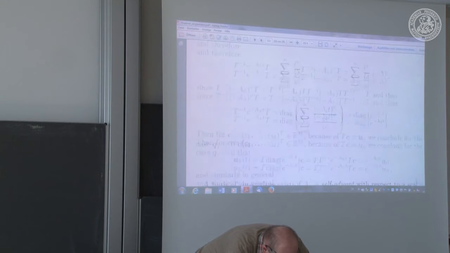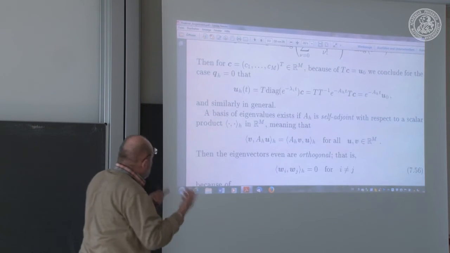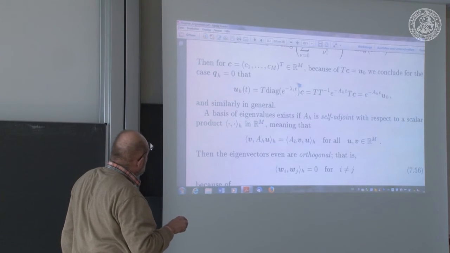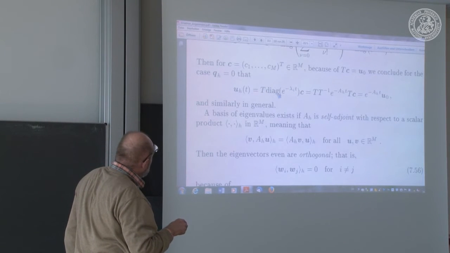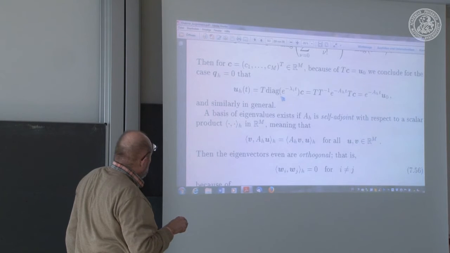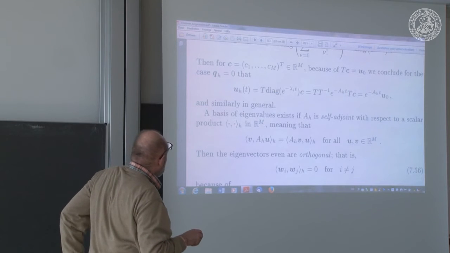So where we start off, we have T times the coefficient vector, and the coefficient vector is the diagonal matrix times c. So T times the diagonal matrix we are allowed to write then.